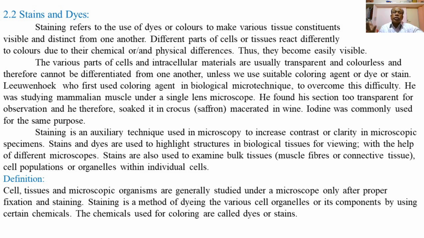Therefore he used a stain called crocus or saffron, and he soaked the mammalian muscles macerated in wine. So he used a staining technique while observing the mammalian muscles, soaking them in saffron or crocus together with wine.